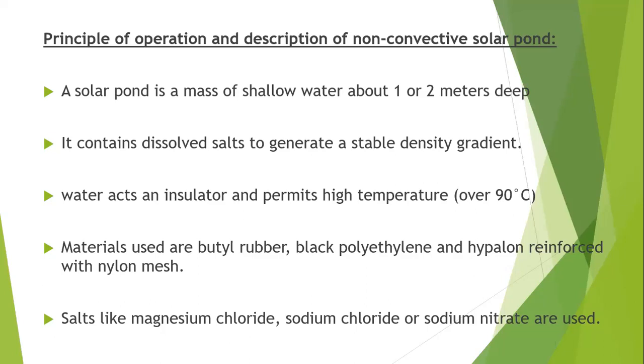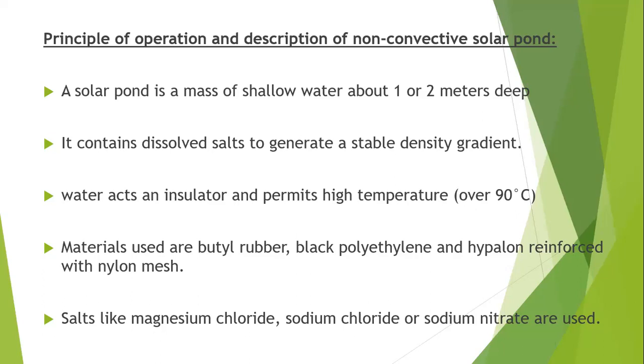On the other hand, this convection can be eliminated by initially creating a sufficiently strong salt concentration gradient. If we make the pond with a strong salt gradient, we can eliminate this disadvantage.